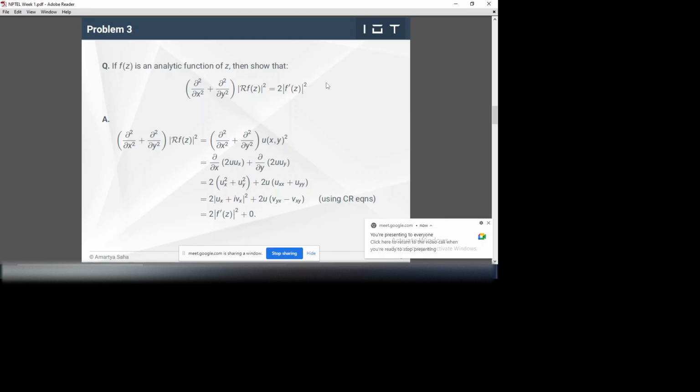The complex function is, as we said, u plus iv, so R of f(z) means u(x,y). This operator is called the Laplacian, the partial derivative twice with respect to x plus twice with respect to y. You have to take the Laplacian of this real part of f(z) and see where it leads us.